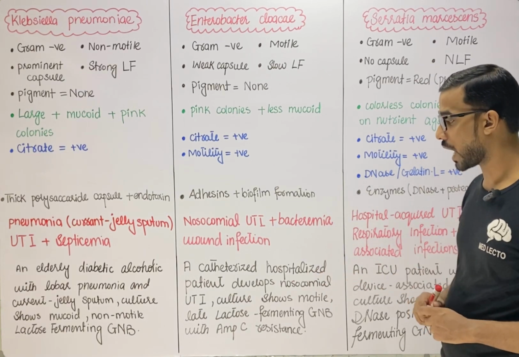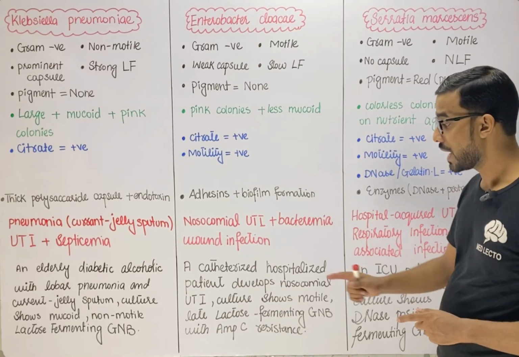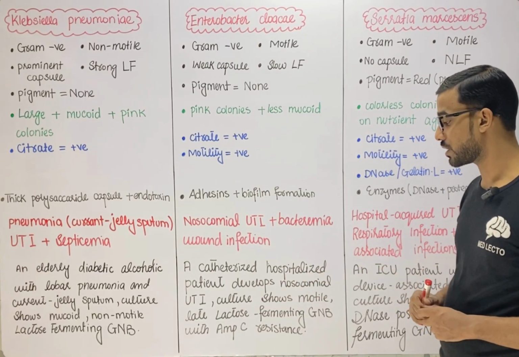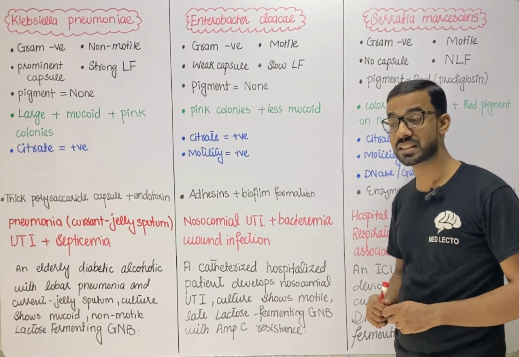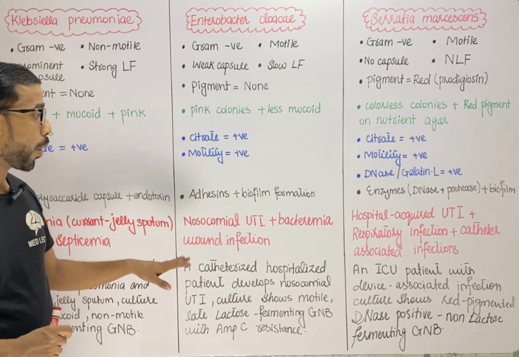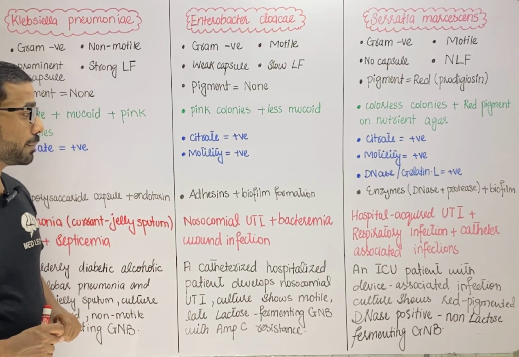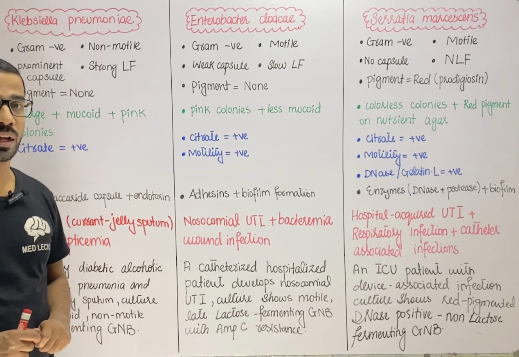Culture shows motile. Enterobacter motility test is positive. Late lactose fermenting gram-negative bacillus with AmpC resistance. So these features help in finding what type of bacteria. In that case, you will see the Enterobacter cloacae.